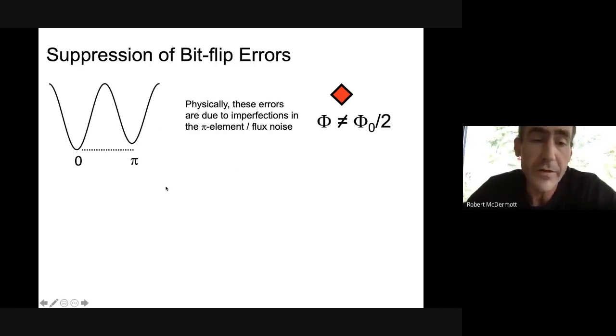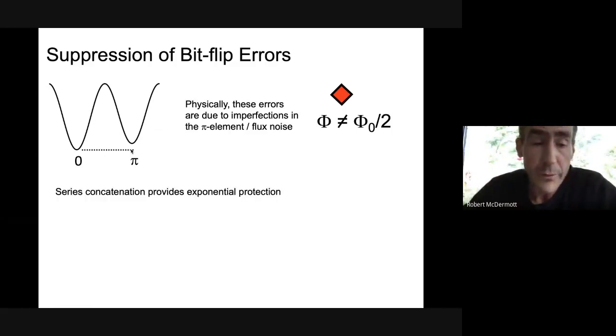And so, physically, these errors are going to be due to imperfections in the pi element, or in other words, to flux noise. In order to implement the pi element, we're taking these little squid plaquettes, and we need to frustrate every single plaquette. And if we're biased away from frustration, then we haven't fully suppressed the first harmonic of the Josephson energy. And that's going to give us a little bit of a mismatch in the 0 pi values that will lead to noise.